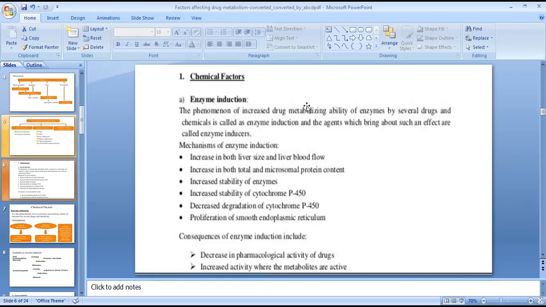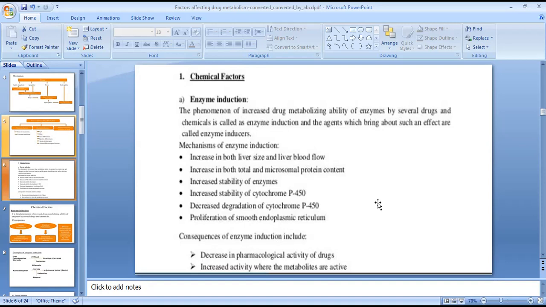Enzyme inducers means drugs or chemical molecules which induce or increase the enzyme induction process. Now, what are the mechanisms to induce enzyme production? Those are an increase in liver size and liver blood flow.